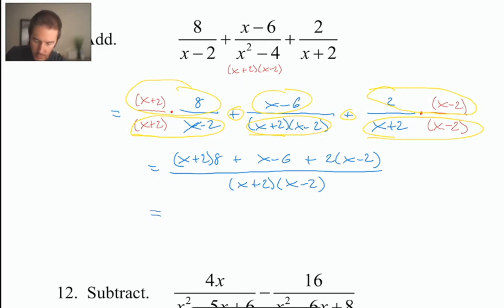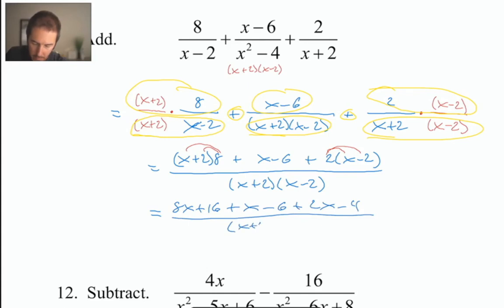Alright, so I'm going to distribute up here 8 times the x and the 8 times the 2 and the 2 times the x and the 2 times the negative 2. So we get 8x plus 16 plus x minus 6 plus 2x minus 4, all divided by our common denominator. There we go, equals, so I distributed here, DIST for distribute.